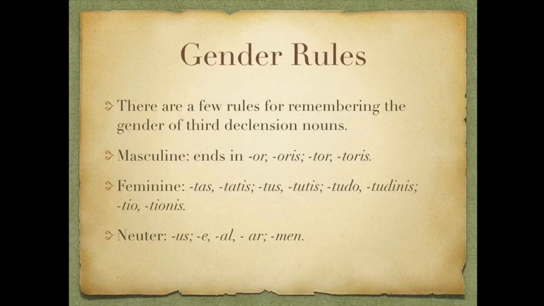Neuters very commonly end in -us in the nominative, or they end in -e, -al, -ar, or sometimes -men. So if you see those endings for third declension, most likely it's neuter. So just a few little hints there to help us identify which gender goes with which nouns. Always best just to memorize them, but a few guidelines.